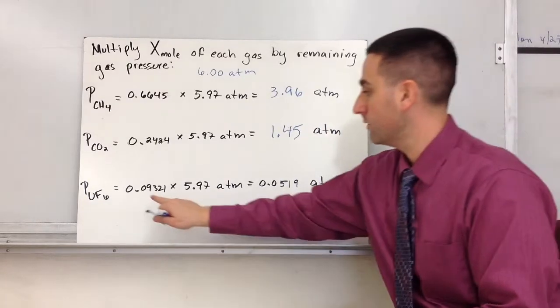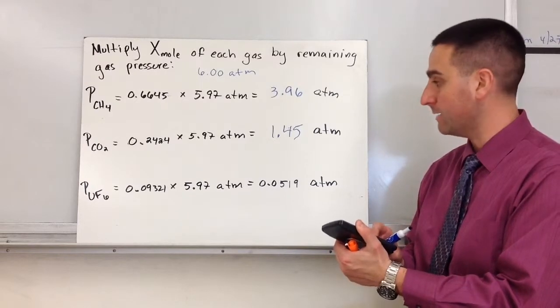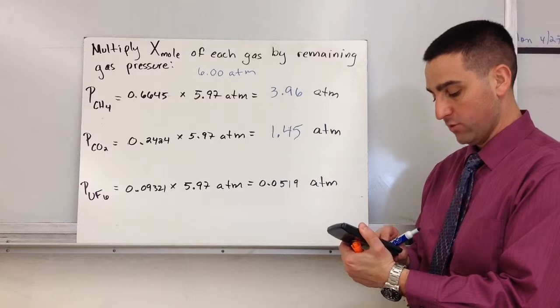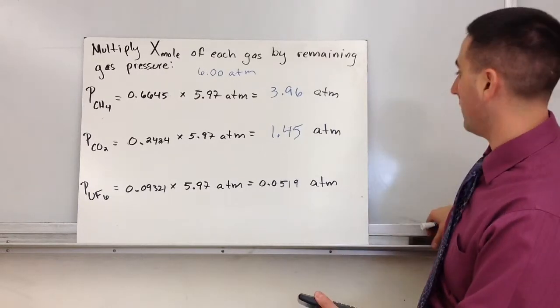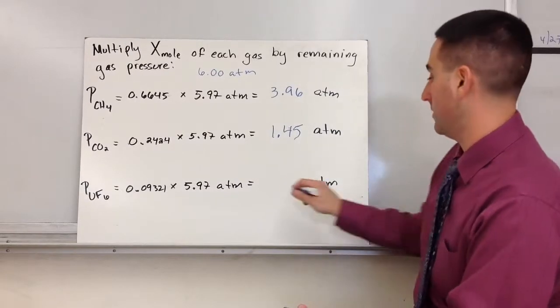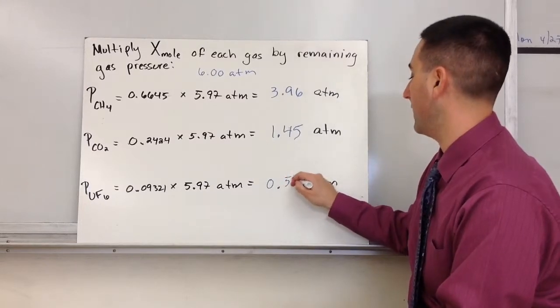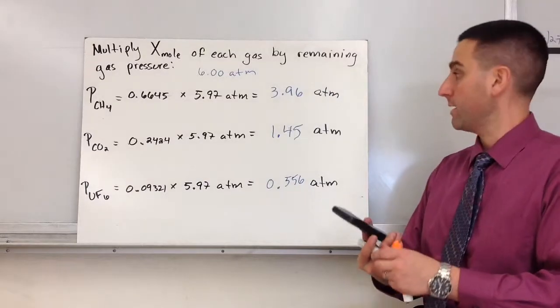And finally, the mole fraction of UF6 is 0.09321 times the total pressure, 5.97. I get 0.556 atm. All right, we finally get our answers here, right?